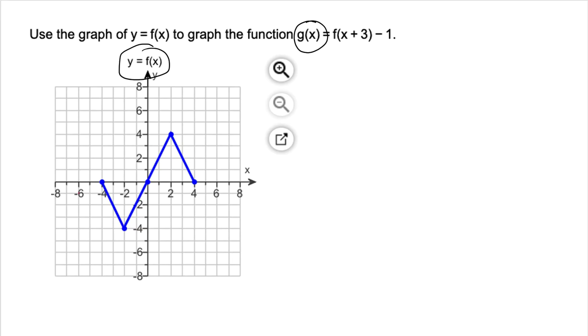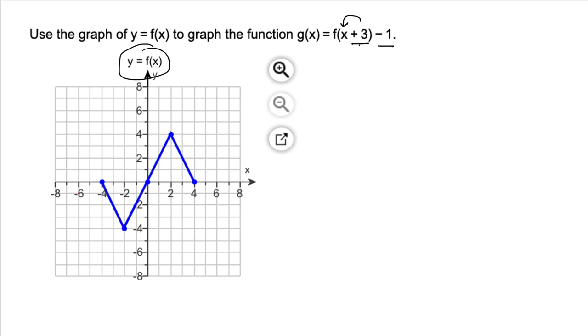So g of x is just the graph of f of x with some transformations applied to it. If we look at the equation of g of x, we can see that there are two transformations being applied to f of x. We have the plus 3 and we have a minus 1. The plus 3 is being applied to the x within parentheses. If we have something being applied within the parentheses, that means our transformation is either a shift to the left or a shift to the right.